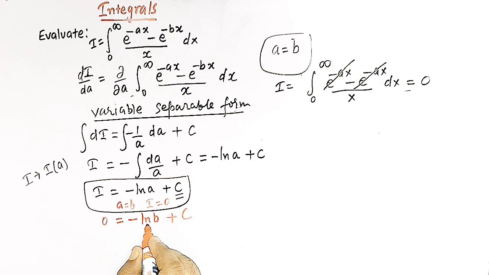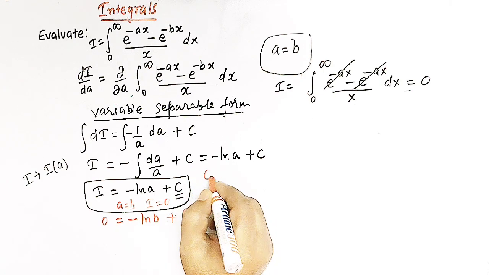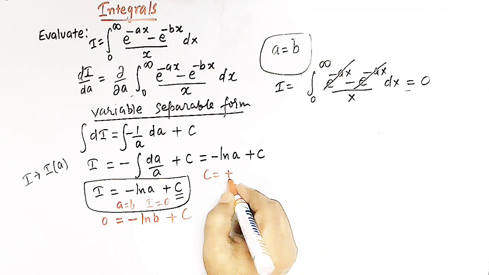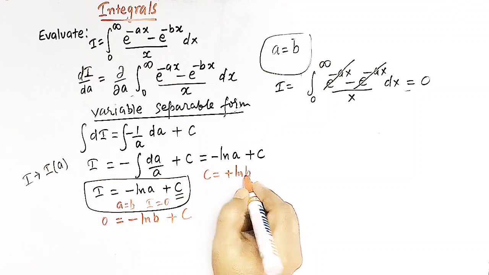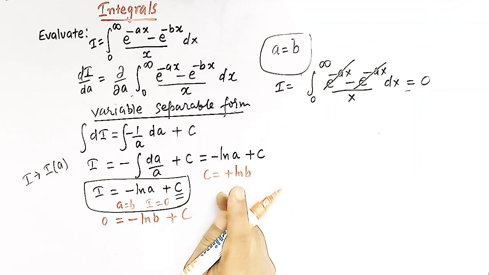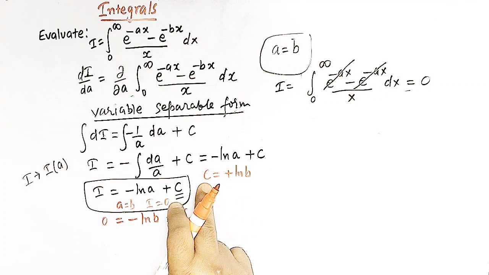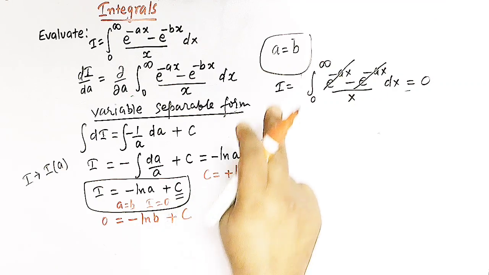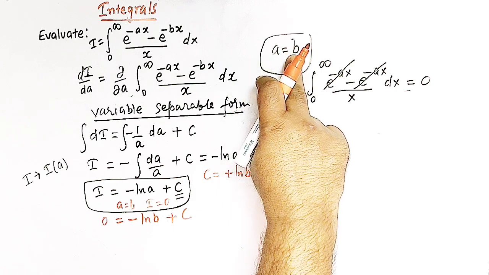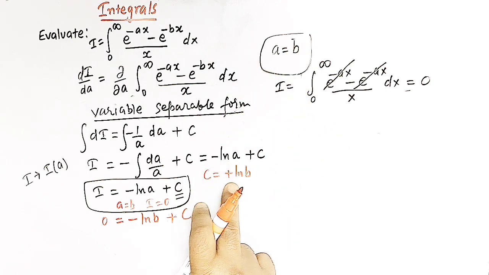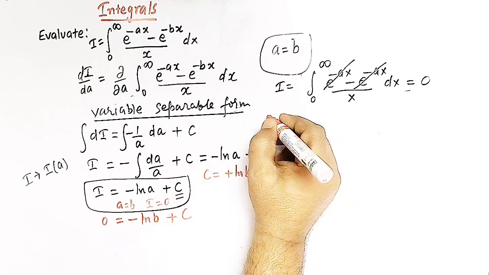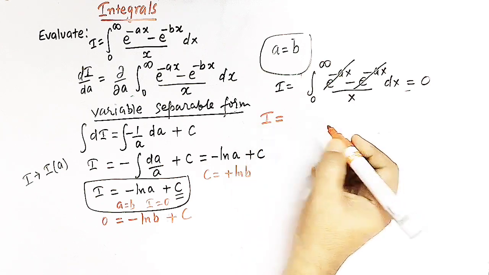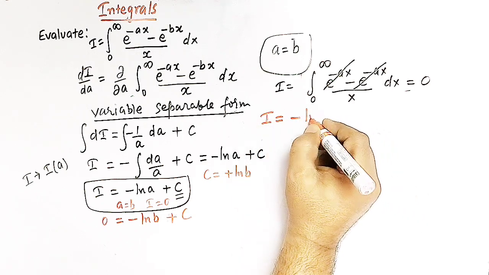So taking this term to this side, the value of c is equal to positive natural log of b. So the constant of integration c has the value natural log of b when we take a is equal to b.